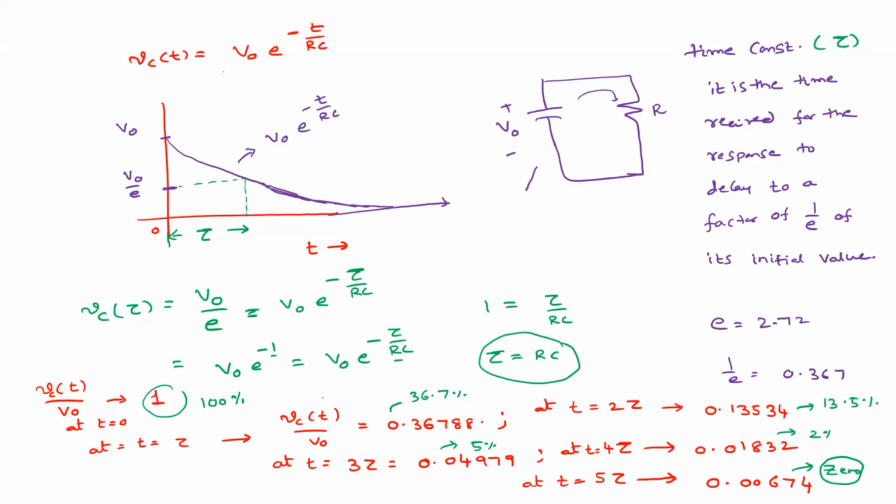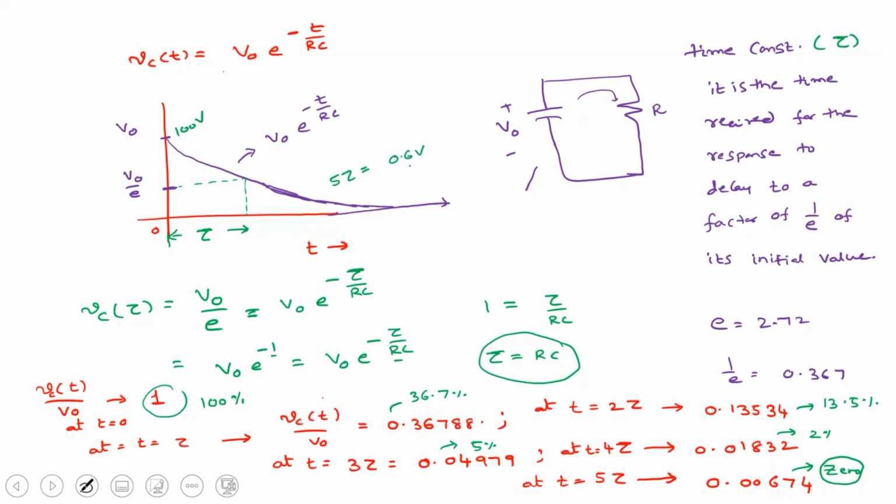So what we studied is at infinite time, it reaches zero, or its final steady state value. Now tell me practically how many time constants are required to reach zero? For example, you started with 100 volts. After 5 time constants, its value is almost 0.6 volts.